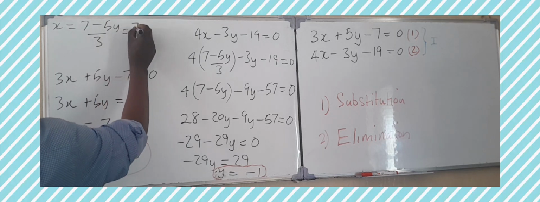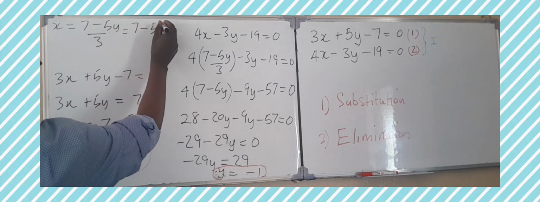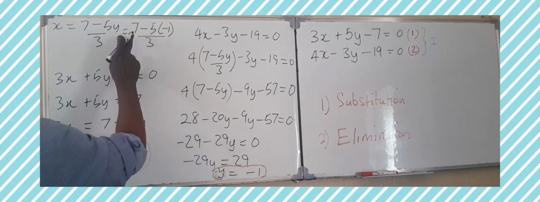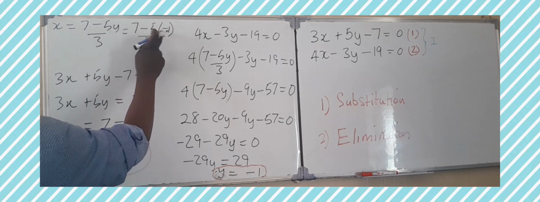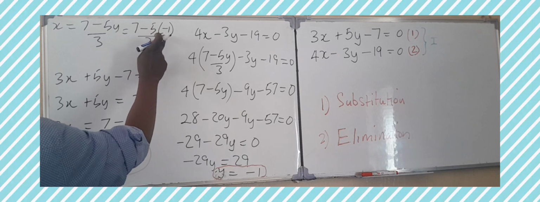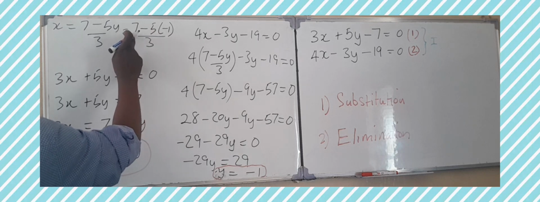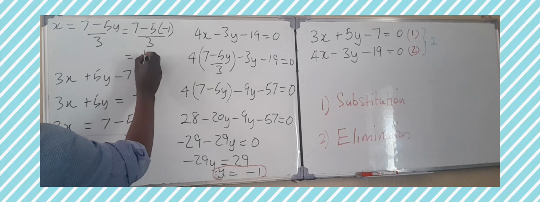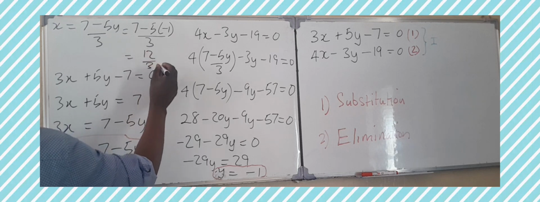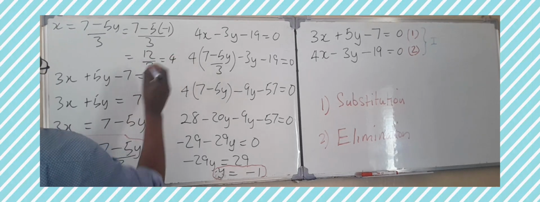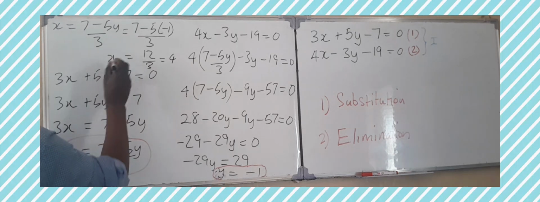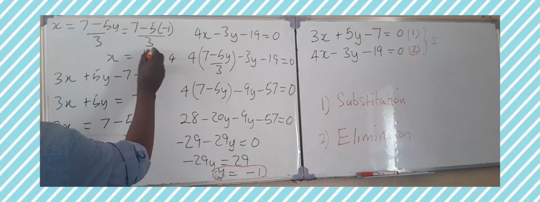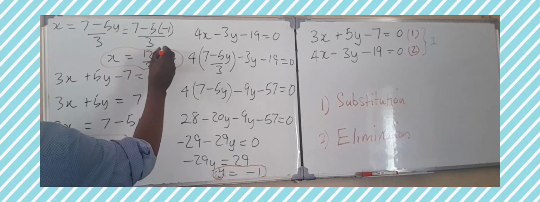This is equal to 7 minus 5 multiplied by minus 1 divided by 3. 5 times minus 1 gives us a minus 5, so minus minus 5 gives us a 5. So it's a 7 plus a 5 divided by 3, which is equal to 12 divided by 3, and that's equal to a 4. So x is equal to 4. All right, so there is our value for x.